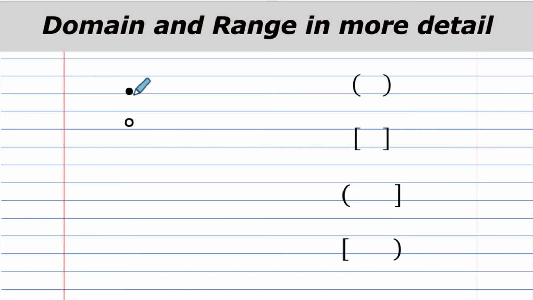Again, here we will include the value, don't include the value, don't include the value, include, don't include, and include, include, and don't include. Let's review the examples we just did and see if we can write these 2 types of notation.